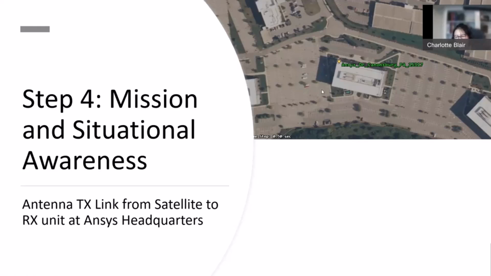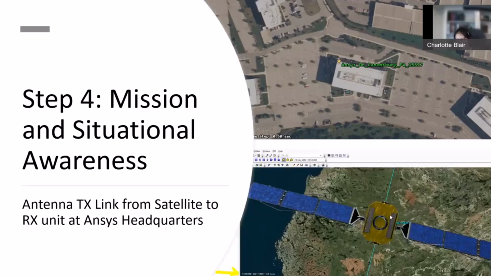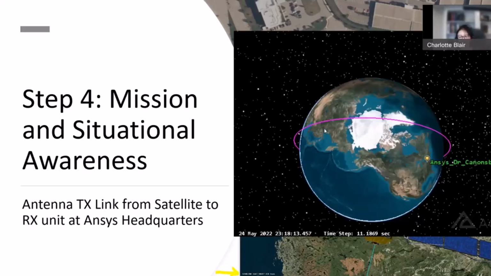This was from Bing Maps, and this is our headquarters in Canonsburg, Pennsylvania, in the U.S. And I want to look at one of the Starlink satellites and mount that antenna that I designed on the satellite, and I want to make sure that I can connect to headquarters here.